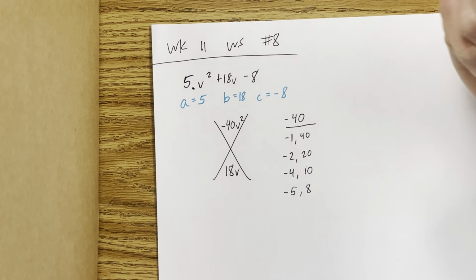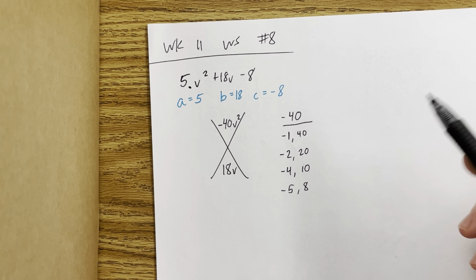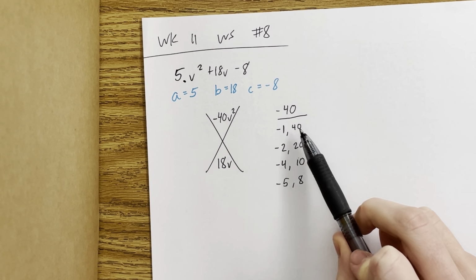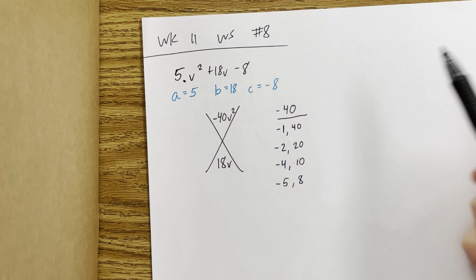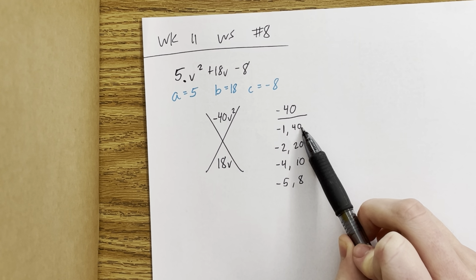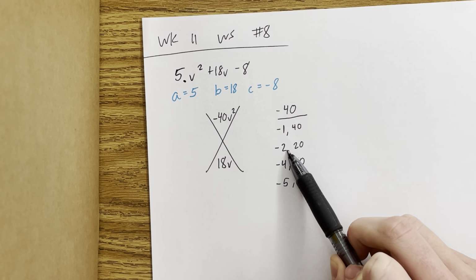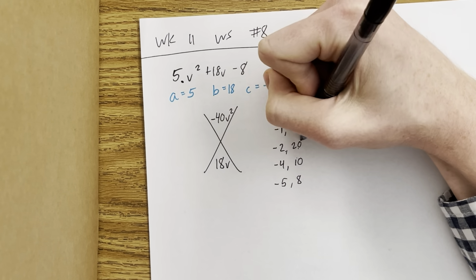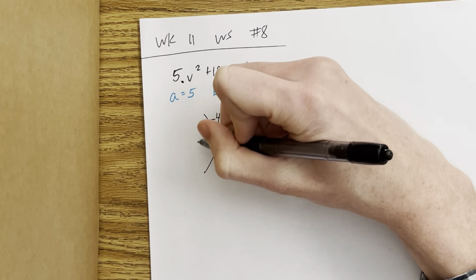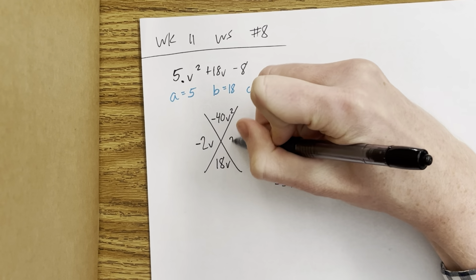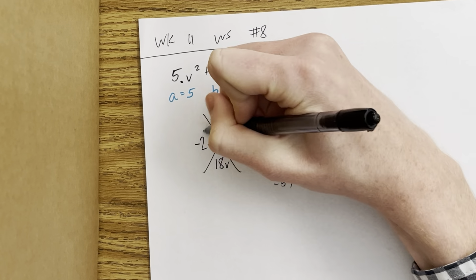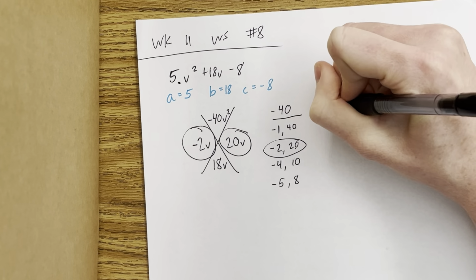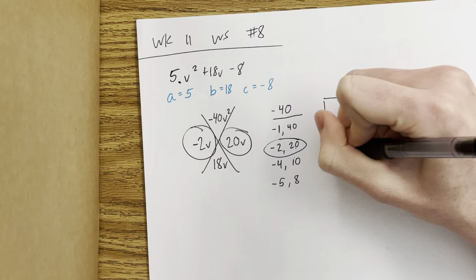So I'm going to make all of my smaller numbers negative. Now, I'm going to add these together and see if they equal 18 down here. So negative 1 plus 40 is 39, doesn't work. Negative 2 plus 20 is 18, that works. So we're going to have negative 2v and 20v. I circle those because those are the only things that I'm taking into my box.